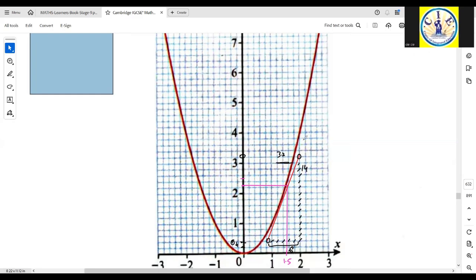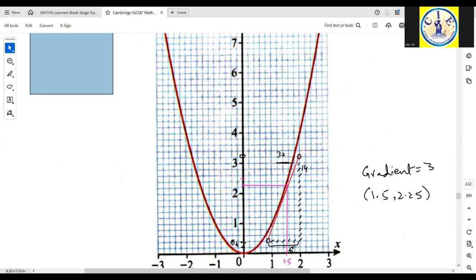So it can give us something, this value, that gives us the gradient to be 3 as it was given in the question. So the point was 1.5 and 2.25.